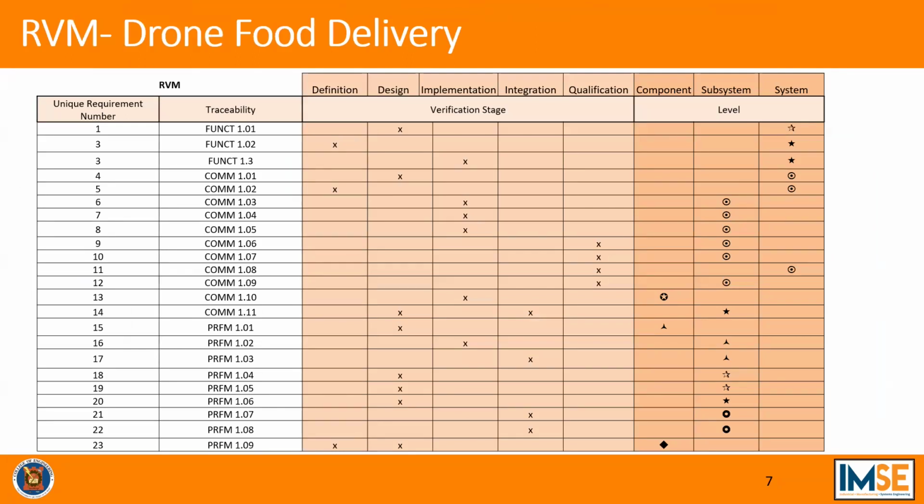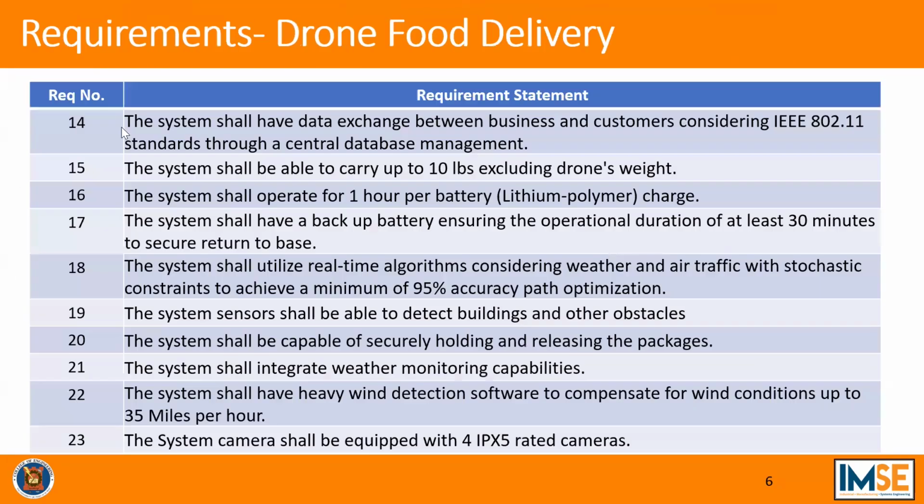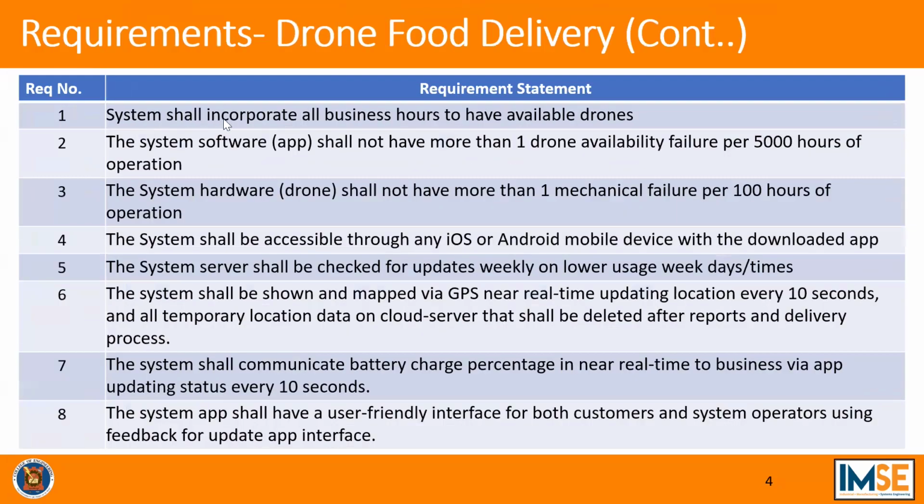Now going back to our RVM, the last portion is mainly for VBT optimization. Here you can see which level we verify the requirement is indicated. For example, for requirement number 1, system shall incorporate all business hours to have available drones.